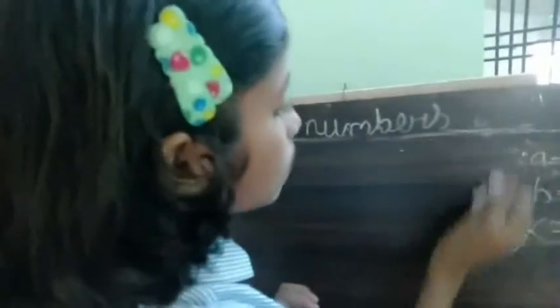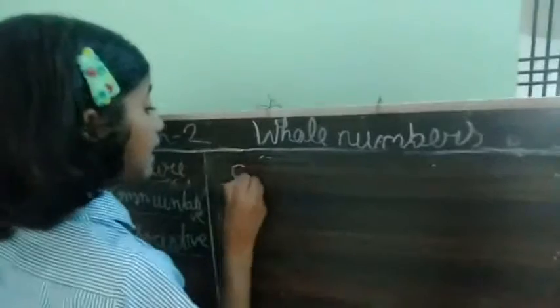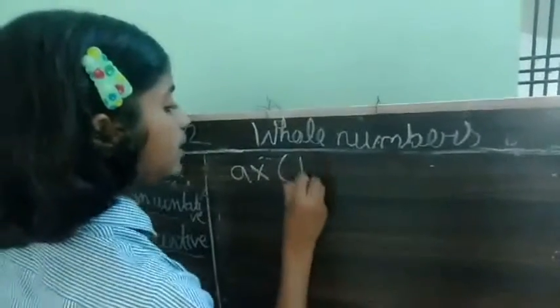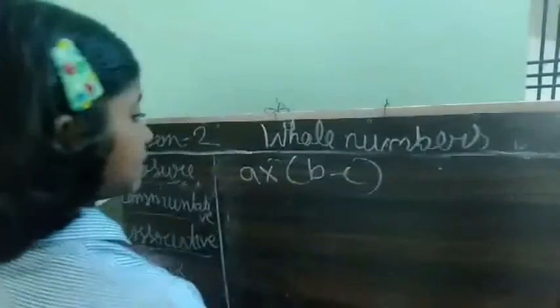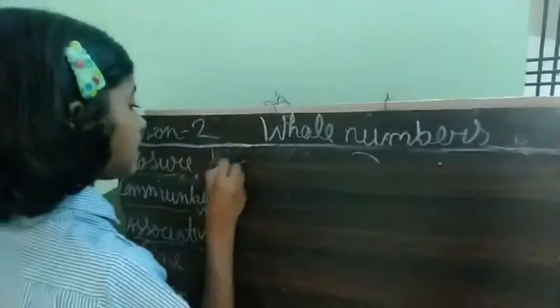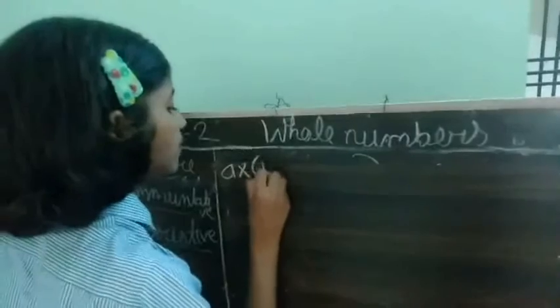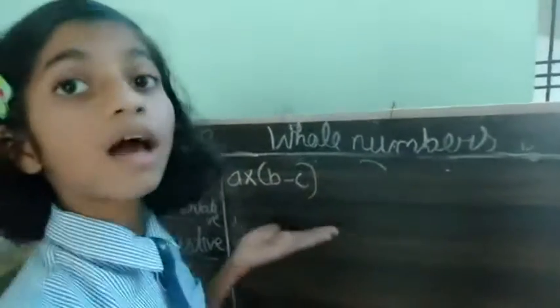Now the next topic is the distributive property, but this is multiplication over subtraction. A into B minus C. This is the question.